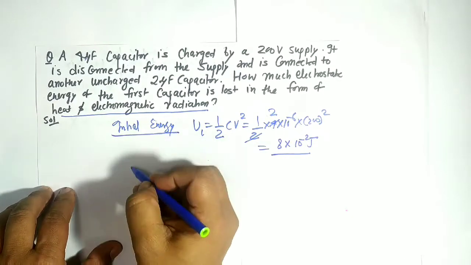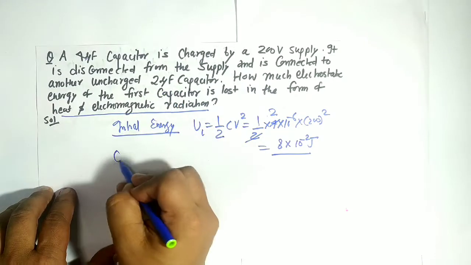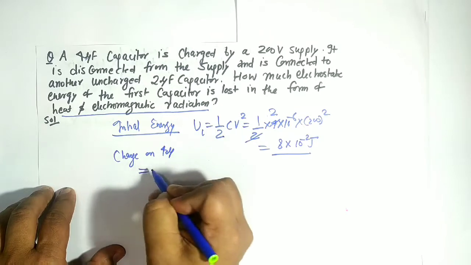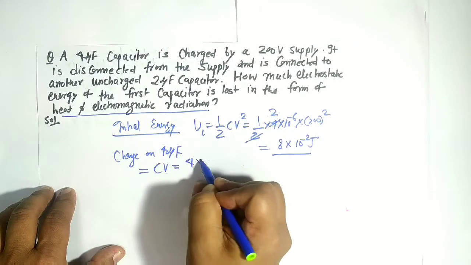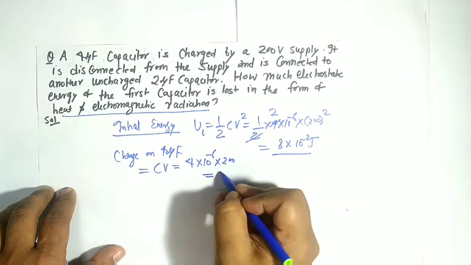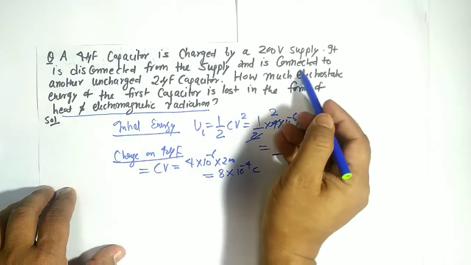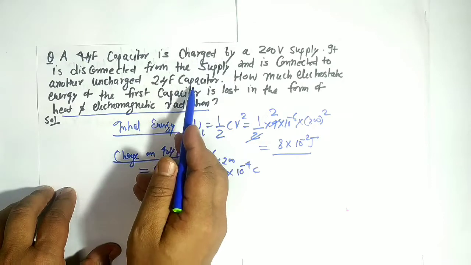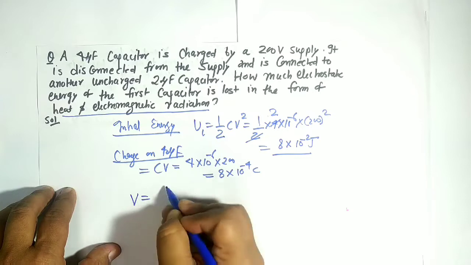Now do you know the charge on the 4 microfarad capacitor? Can we calculate it? Yes, it will be CV. So 4 into 10 to the power minus 6 into 200. Yes, 8 into 10 to the power minus 4. Now it is connected to another uncharged capacitor. Then do you remember what will be the common potential?